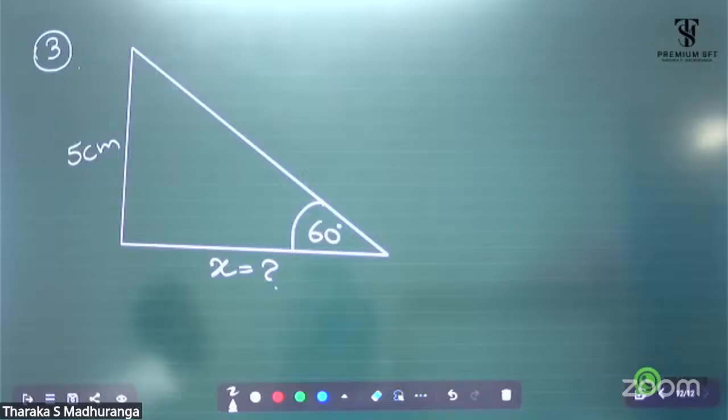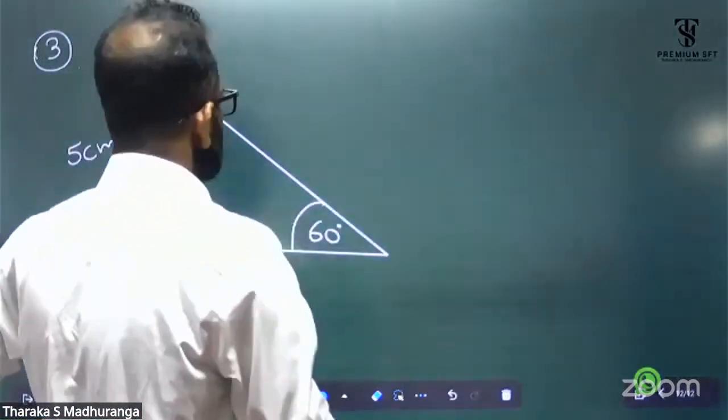X value? Yes, 5 over root 3, 2-point value.